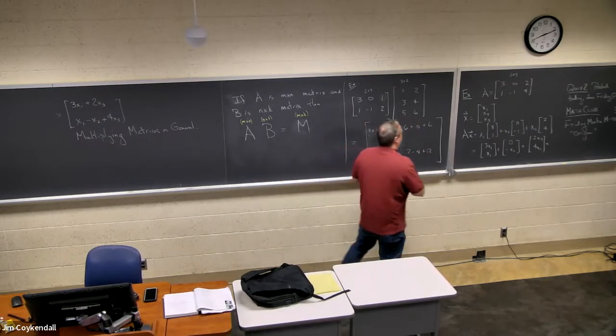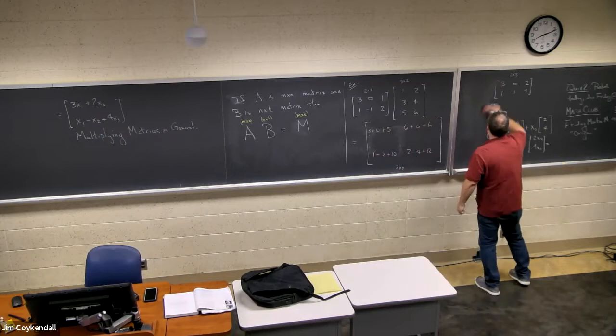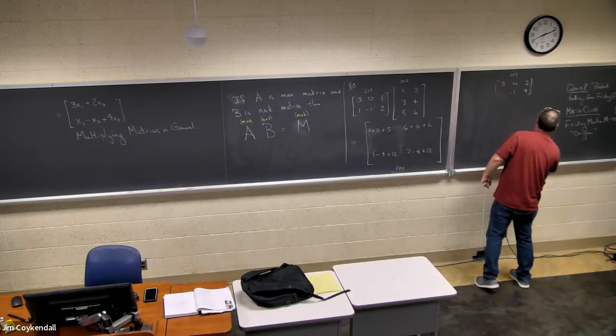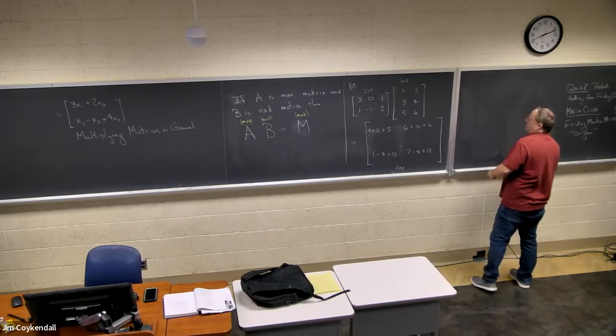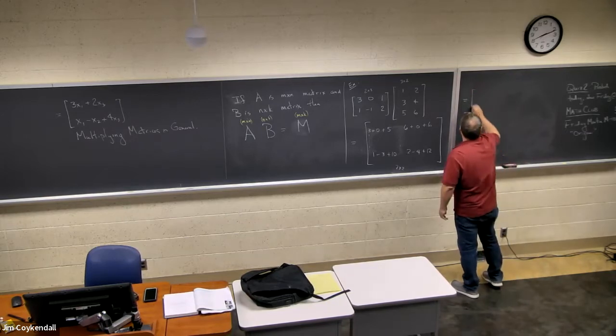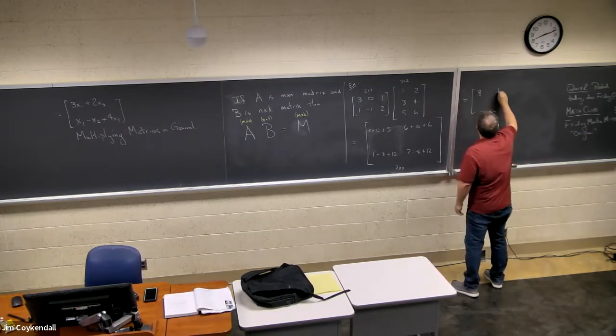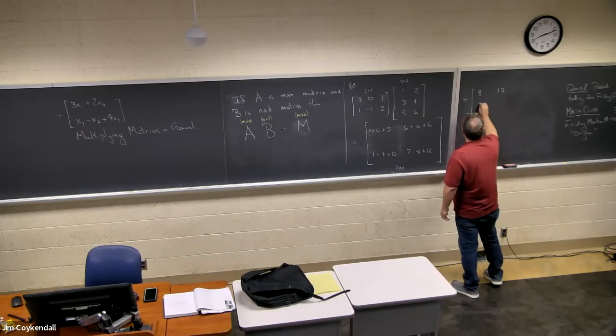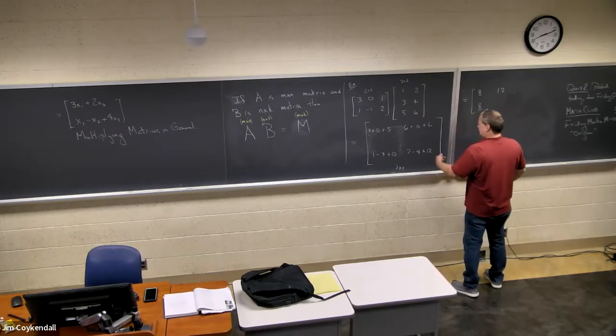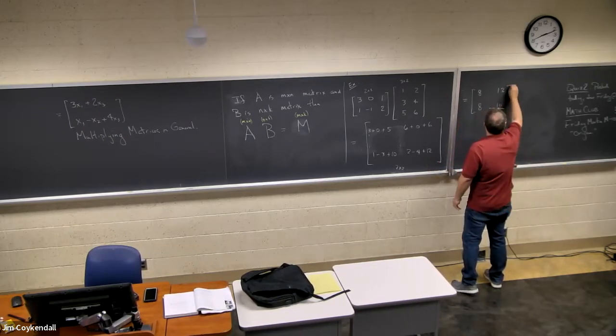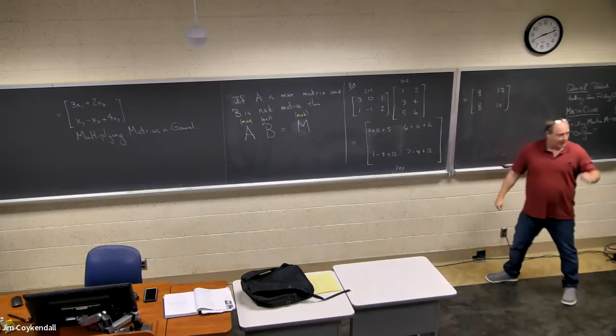And so the resulting matrix is 8, 12, 8, and let's see how to do it.